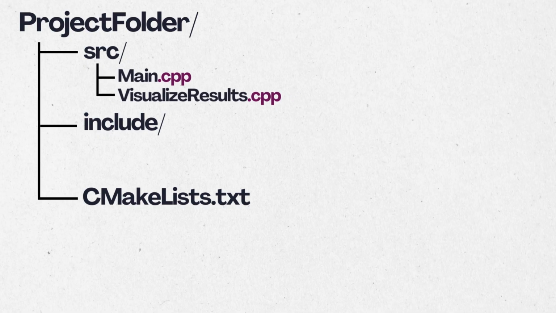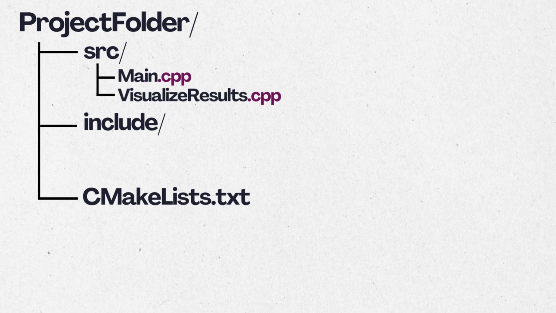Okay, so let's see this in more detail. Imagine that you just downloaded a project and it might look something like this. You have your project folder, and then inside you might have different folders. One of them might be src, which is the source folder. This folder contains the source code, so all the .c or .cpp files, depending on if you're coding in C or C++, respectively, and they contain all the scripts that your code will actually run.